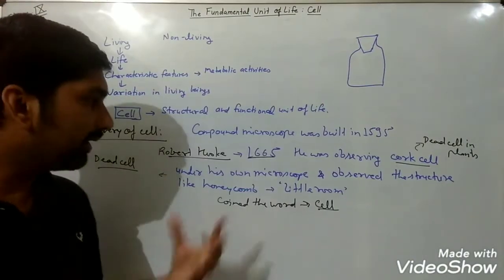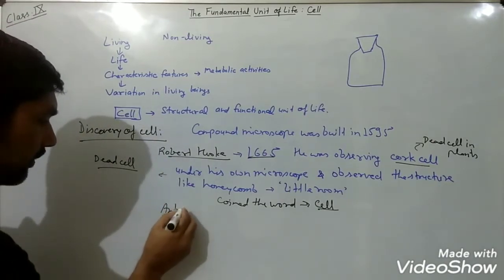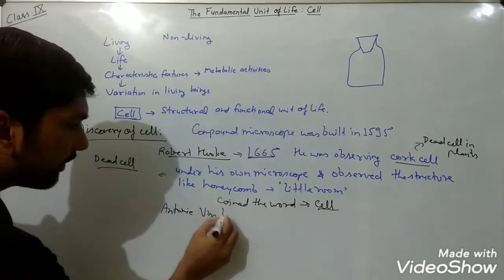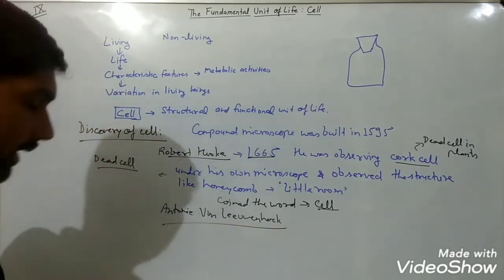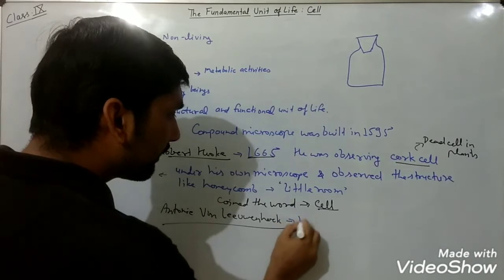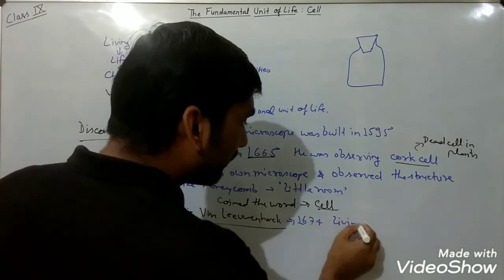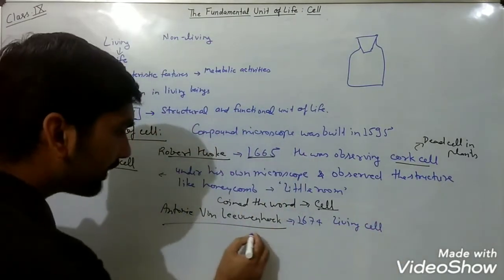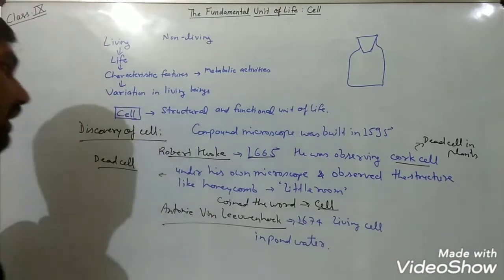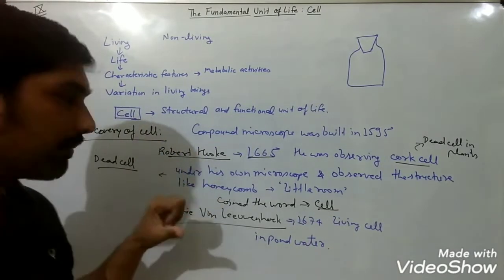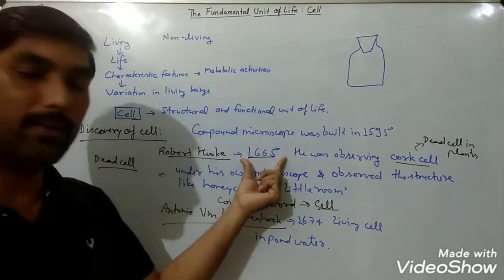But when we talk about the discovery of living cell, another scientist named Anthony von Leeuwenhoek in the year 1674, he discovered the living cell for the first time in pond water.